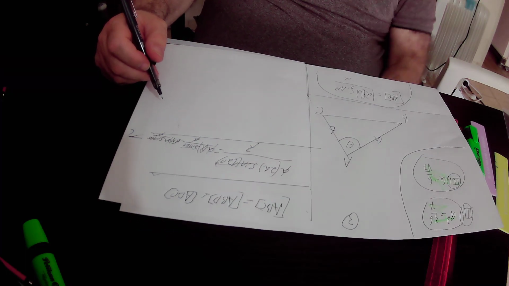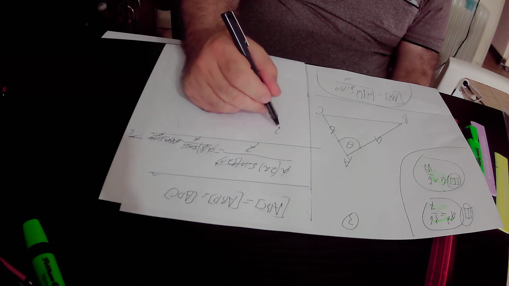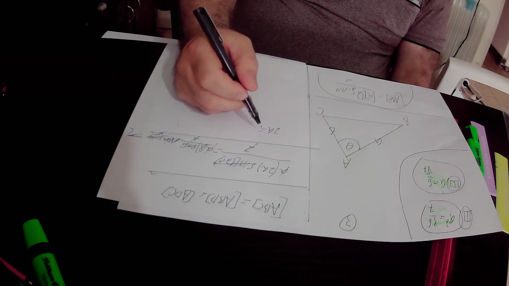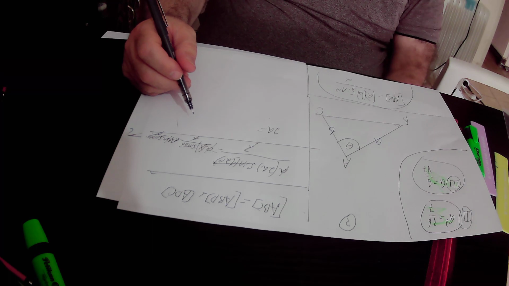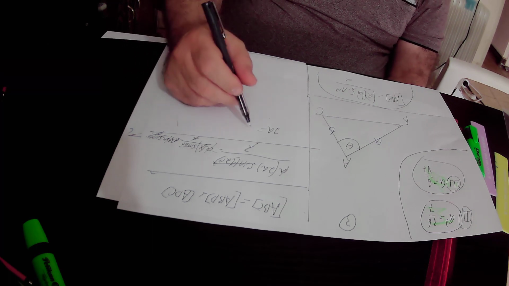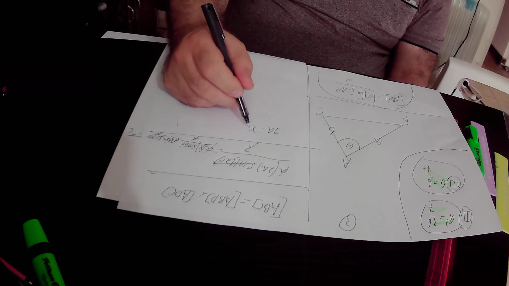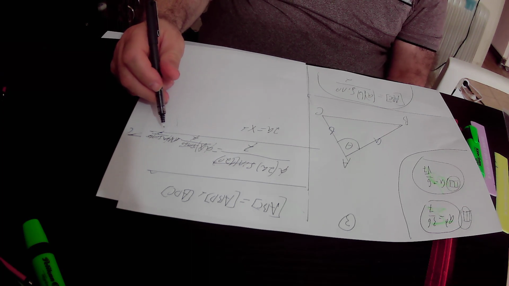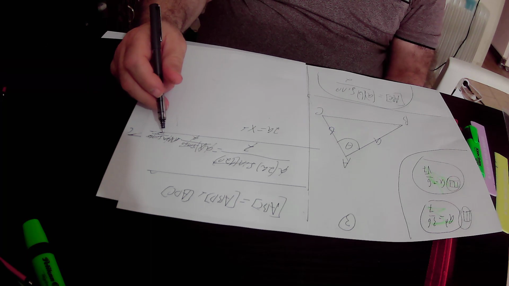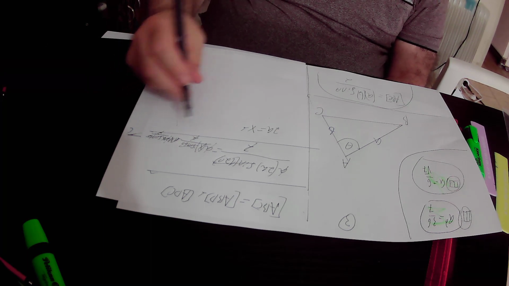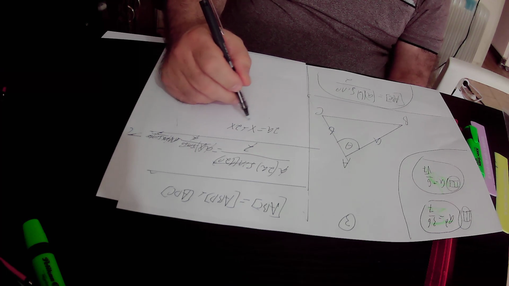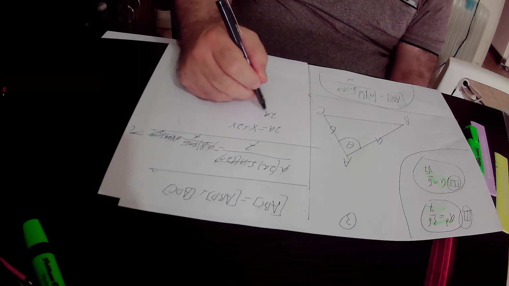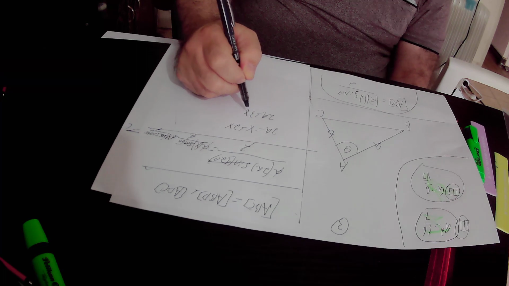On this side we have 2A. On the other side we are left with X plus 2X. So in conclusion, 2A equals X plus 2X, that is 3X.